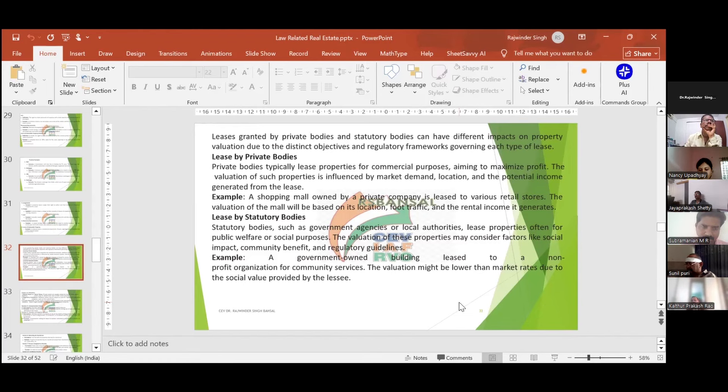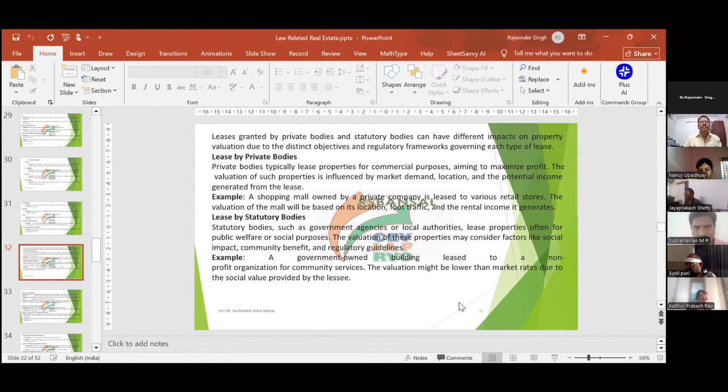Then lease by statutory bodies. See here how the valuation is to be done. If the lease is done by a private body, we have tried to explain it with an example of a mall. But if it is done by a statutory body, for example, local authorities lease properties often for a public welfare or societal purpose, the valuation of the properties may consider factors like social impact, community benefit, and regulatory guidance.